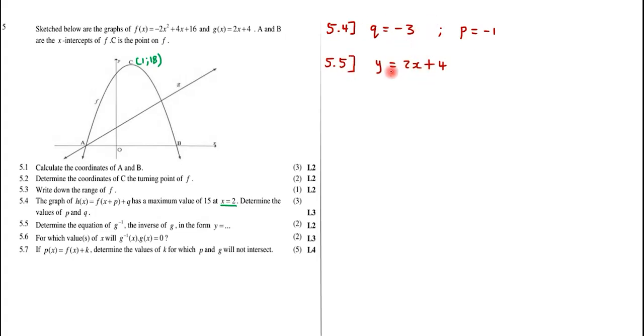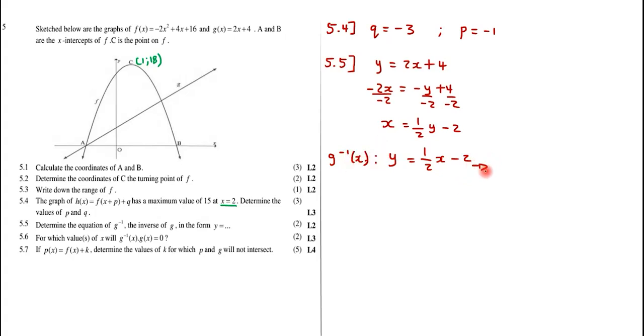So firstly I solve for x: I take this 2x to the side, minus 2x, and then take this y to the other side, so I'll have minus y plus 4. Then I divide by minus 2 everywhere. By doing that, I have x is equal to 1 over 2y minus 2. And then, since it says solve for y, I swap the variables like that. This is now what we call the inverse of g.